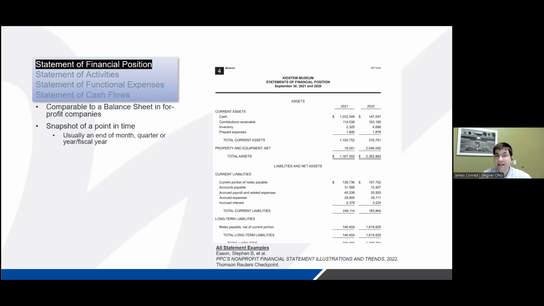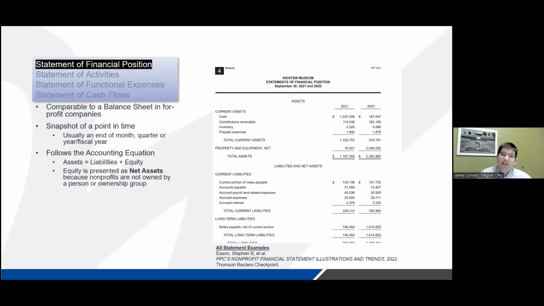The point in time is important. It is not a range. It's a specific time that there are balances in specific accounts. It's usually the end of a month, a quarter, or a fiscal year, or a calendar year. And it follows the basic accounting equation, which is assets equals liabilities plus equity.